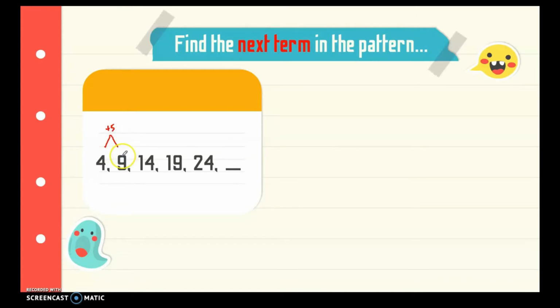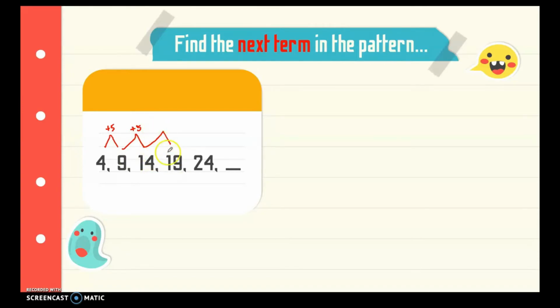But we are not sure yet if that is the rule in this sequence. We need to confirm by checking the next term. So we have the 9, it becomes 14. So we add 5. Okay? So 9 plus 5 becomes 14. And let's confirm again with the next term.